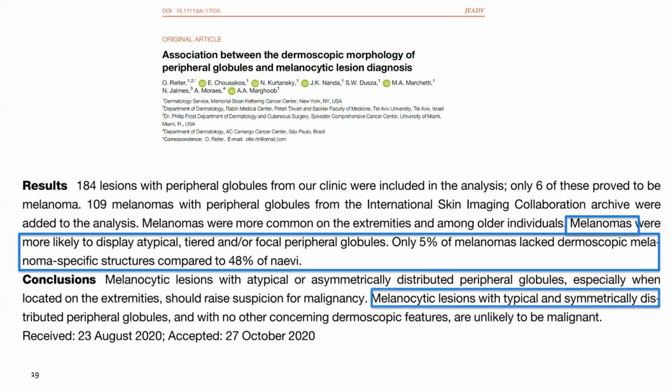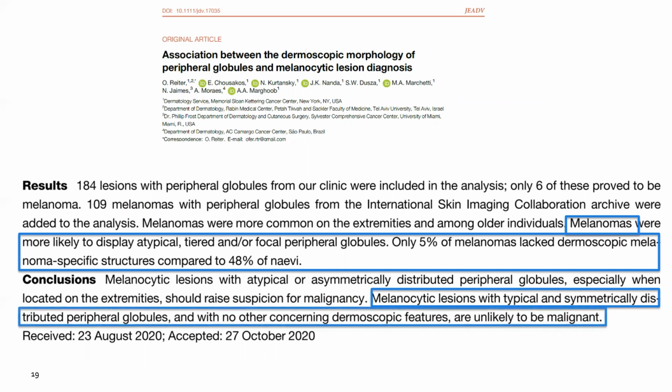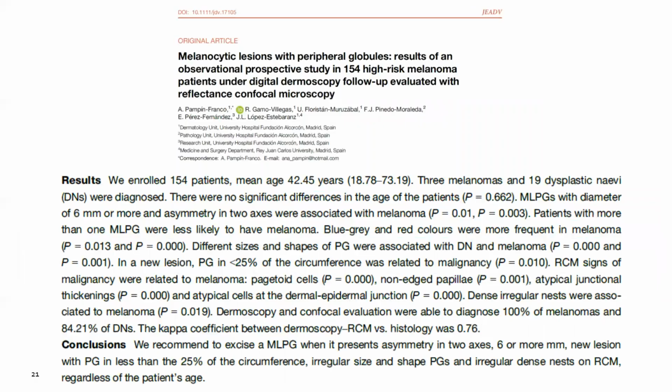They conclude that melanocytic lesions with typical and symmetrically distributed peripheral globules and no other concerning dermoscopic features are very unlikely to be malignant. In another cohort, a prospective cohort in this study from Spain, they also evaluated 154 high-risk melanoma patients followed using digital dermoscopy and also reflectance confocal microscopy, and they could replicate the same findings.